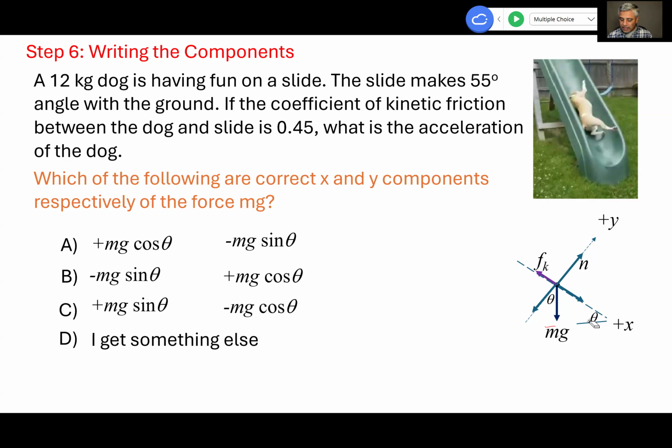Whenever that angle is given in a free body diagram drawn like this, it's always going to be the same as the angle made by the weight force with the y-axis, not with the x-axis, but the y-axis, okay? So now once we have the angle, we should be able to write this component and that component. See, these are components. So these two were not there.